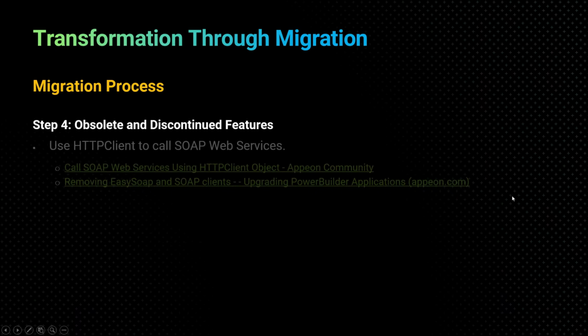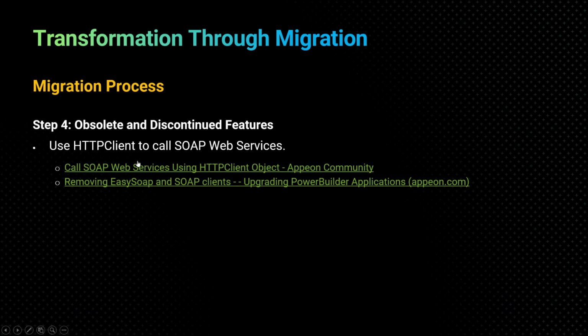Another obsolete and discontinued feature: we used to use an HTTP client to call SOAP web services. We found that information in the Appeon community, which says to call SOAP web services using the HTTP client object, and in the Appeon documentation they are removing EasySOAP and SOAP clients to do that.